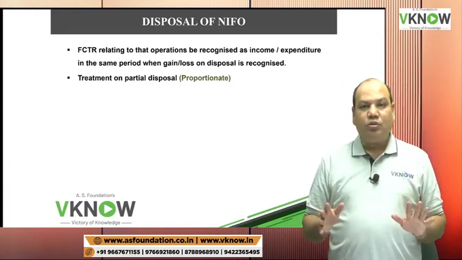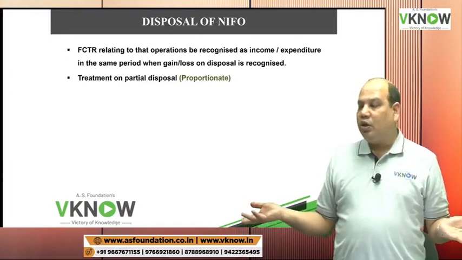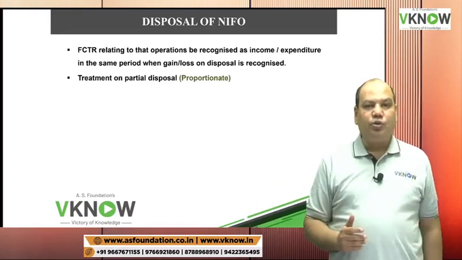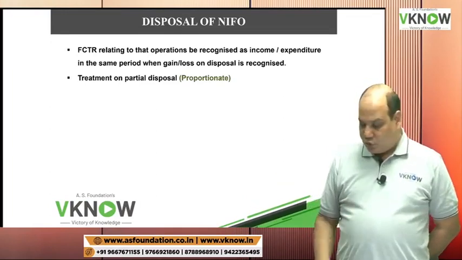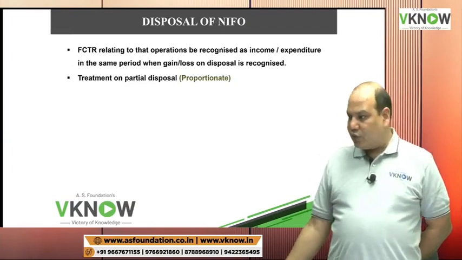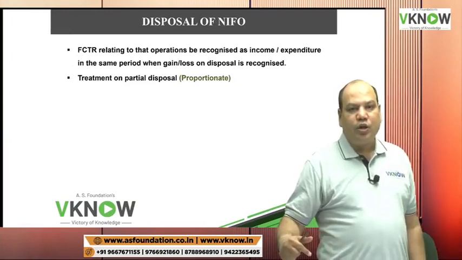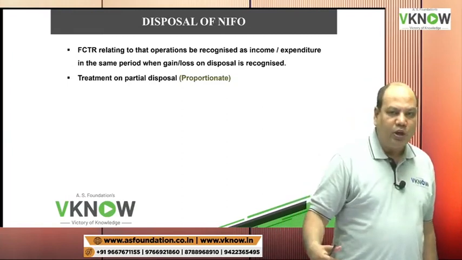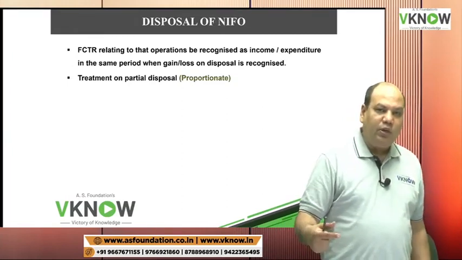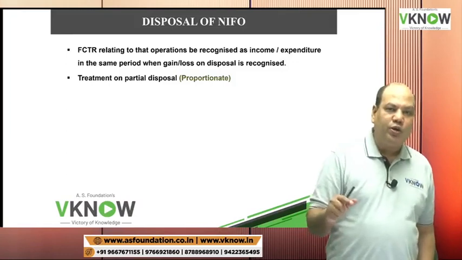Once it is sold, profit is realized, and now I am free to transfer it to P&L account. So that is why in case of non-integral foreign operation, they are not allowing you to transfer the exchange difference to P&L account immediately. They will allow you to transfer only on disposal.